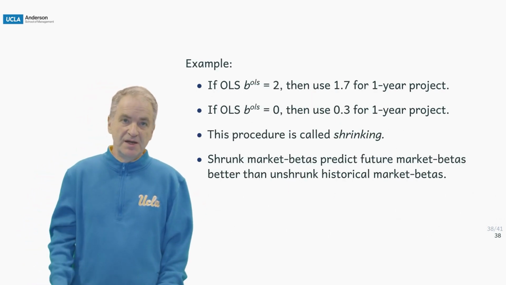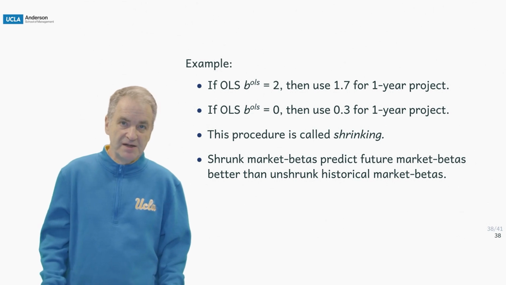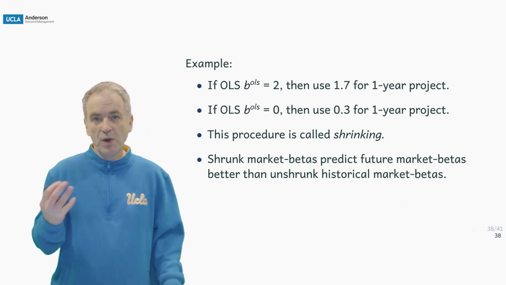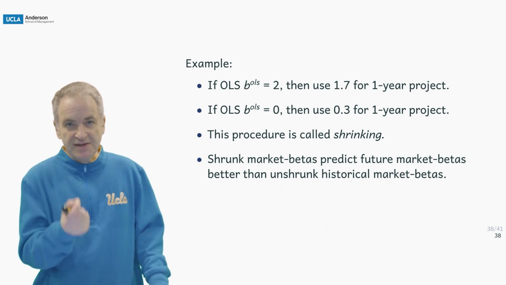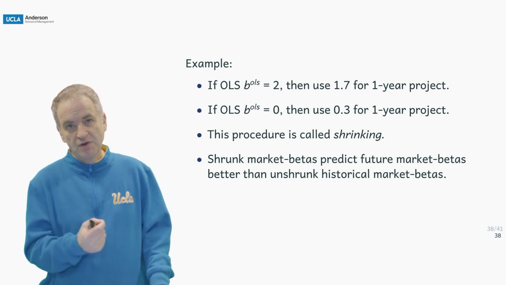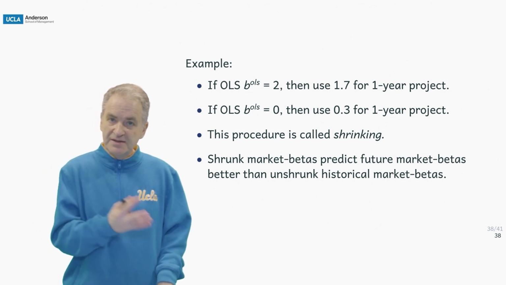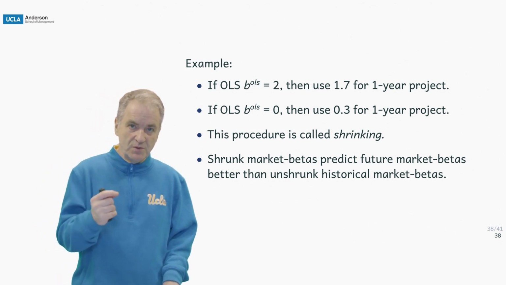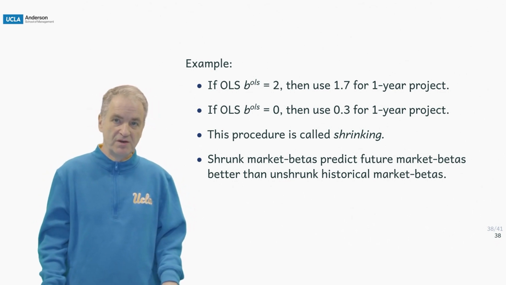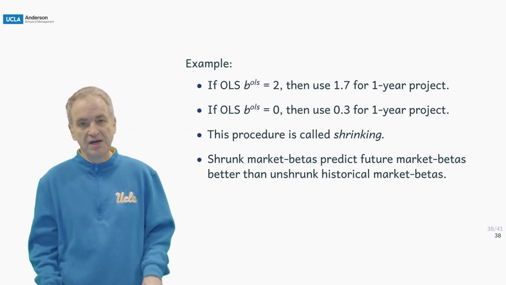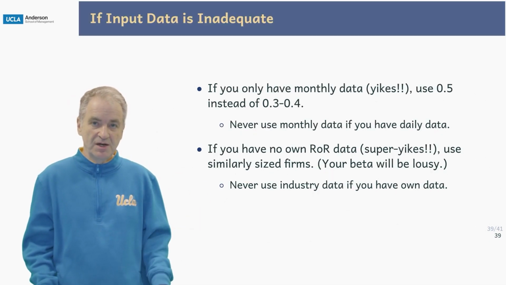For example, if your OLS beta is 2, using the formulas I've just given you, for a 1-year project, you would instead assume that the forward-looking beta is about 1.7. Or if your beta is 0, you would assume that your forward-looking beta is about 0.3. They're just better predictors of market betas than just the historical market betas by themselves.